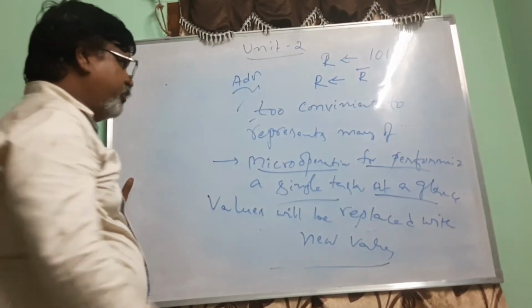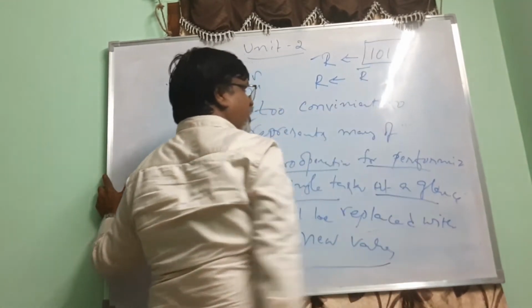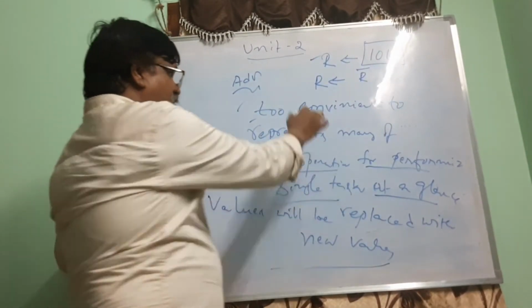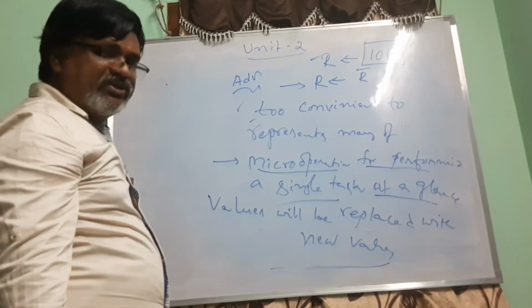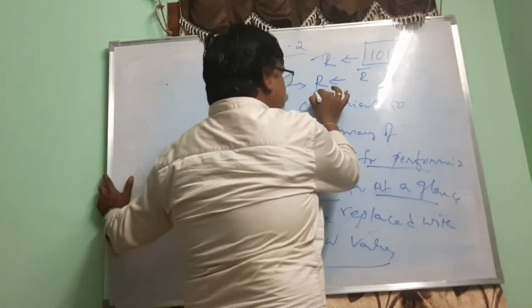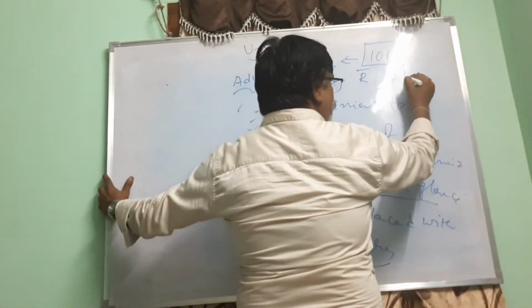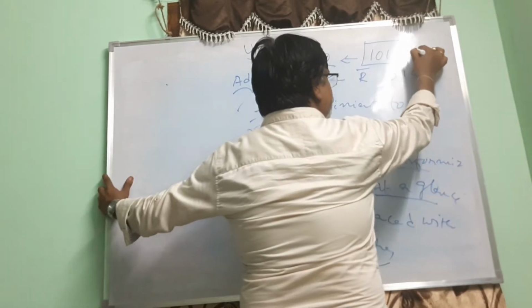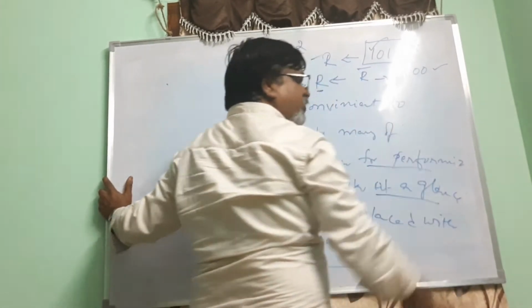Initially the value in R is 1011. After executing this micro operation, the resultant value of R is 0100. This is the old value, this is the new value, so the old value will be replaced with the new value.